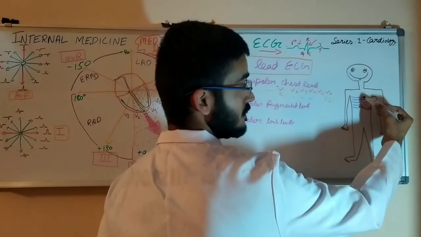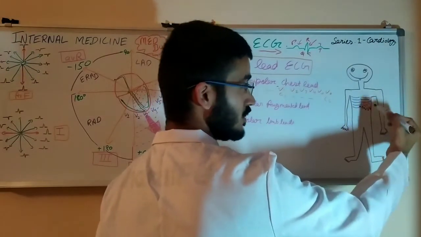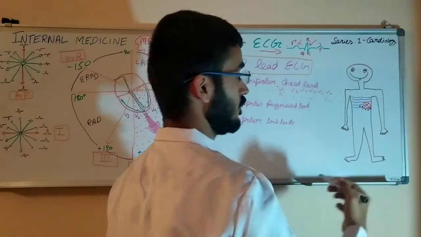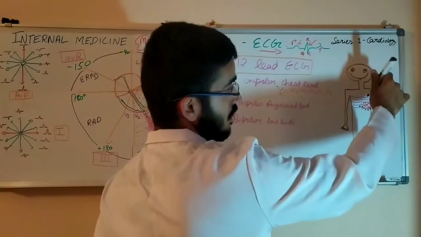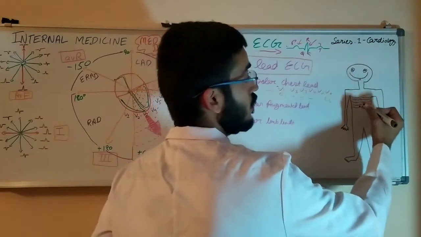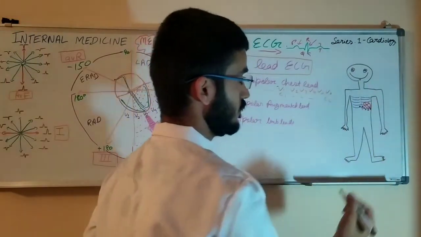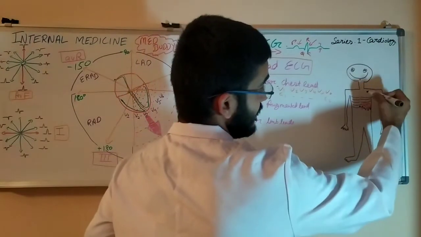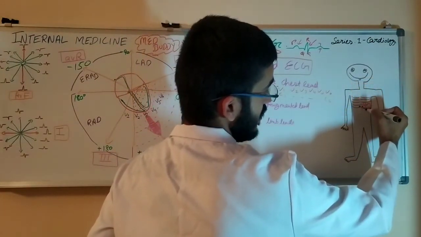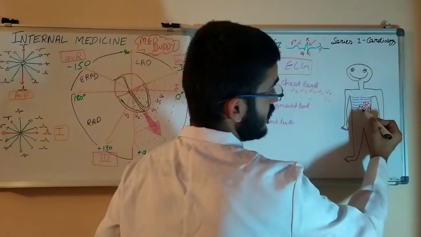The V2 lead is placed in the fourth intercostal space on the left sternal line. V3 is placed right below V2, on the fifth costal cartilage. The V4 is placed on the mid-clavicular line in the fifth intercostal space.